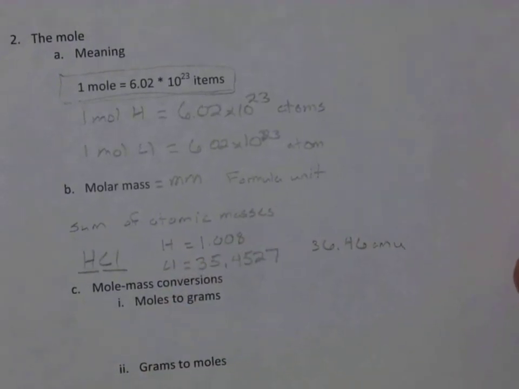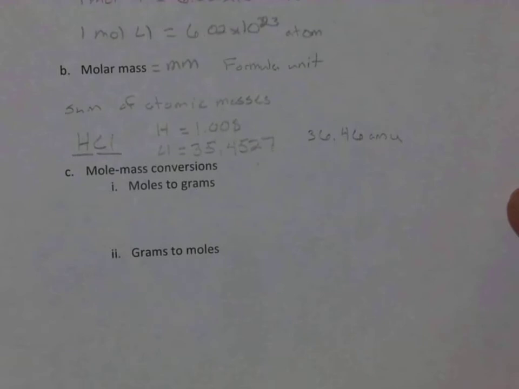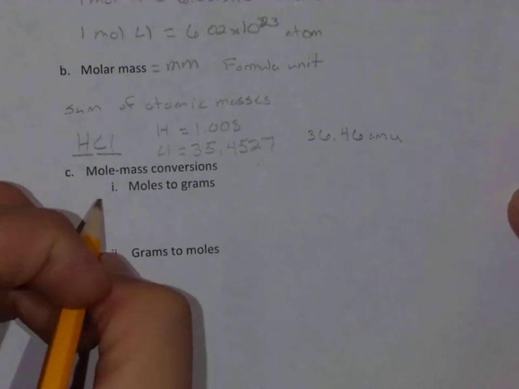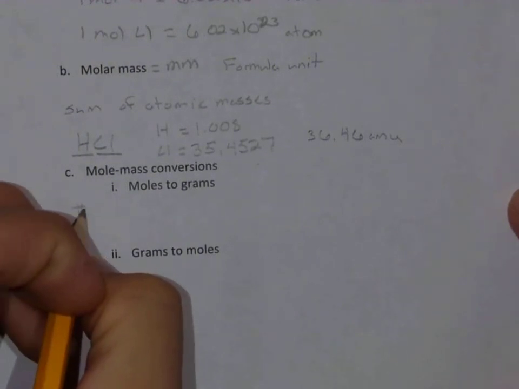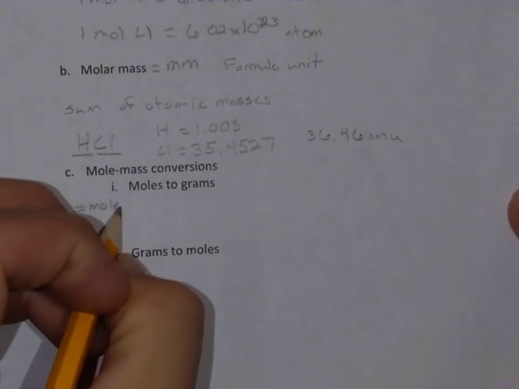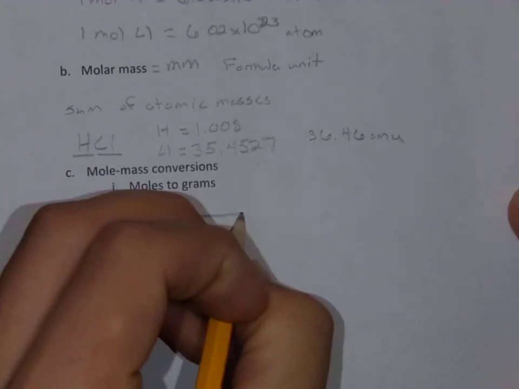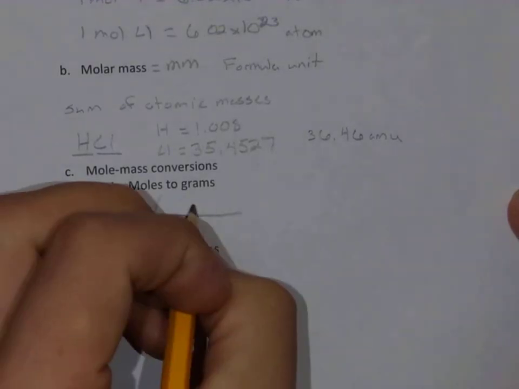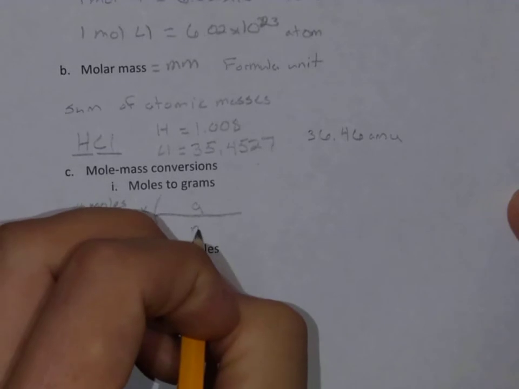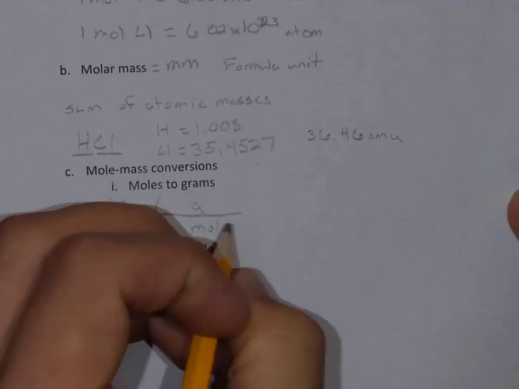Okay, so our last piece is doing our mole to mass conversions, moles to grams. We have our number of moles, and we're going to multiply it by a bracket with grams up on top and moles on bottom.